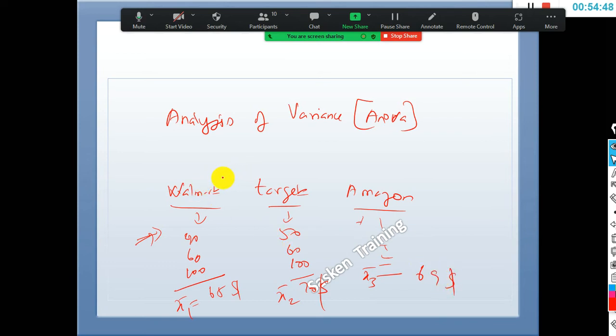Now, if I want to find out whether there is any difference in the mean value of the samples for more than two groups, we need to use analysis of variance.